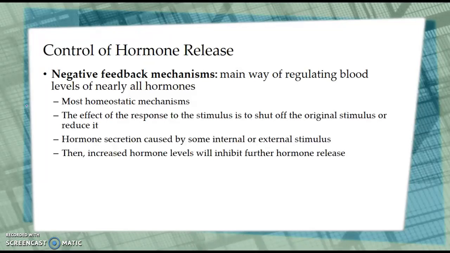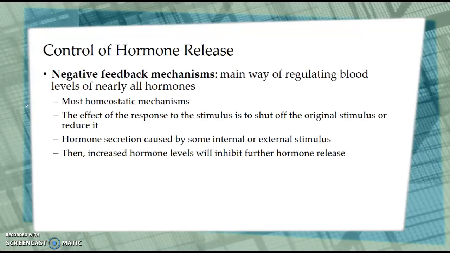We also need to talk about negative feedback mechanisms again. This is going way back to Anatomy 1. We need to know that nearly all hormones work in a negative feedback mechanism. This is pretty much how it's always going to be. It's very rare that we see positive feedback. So what happens is something is going to change in your body.